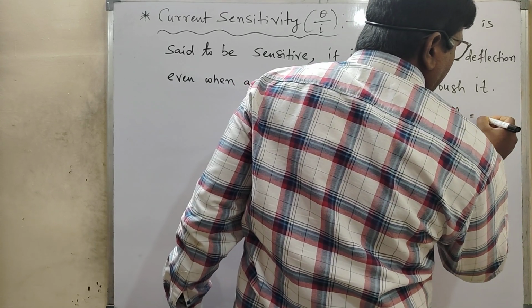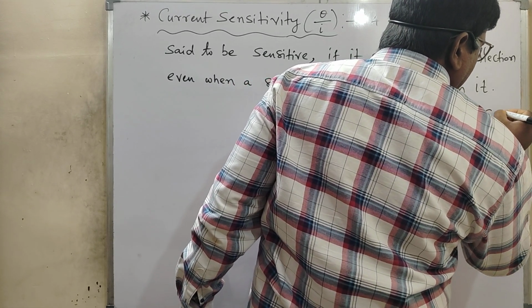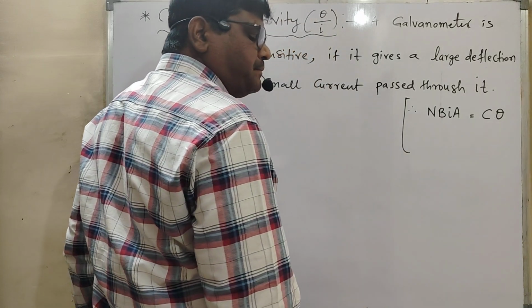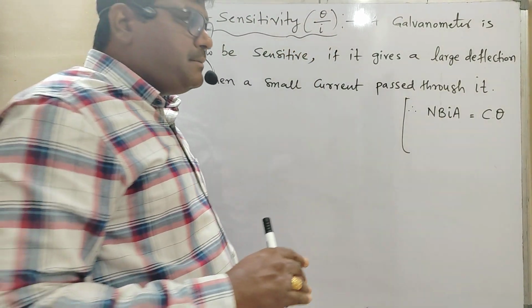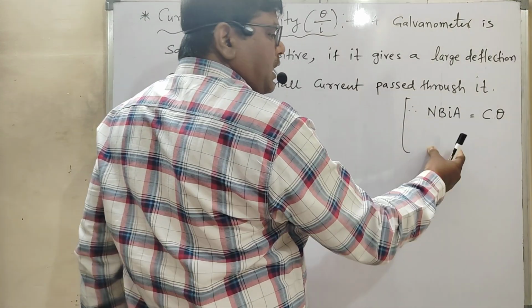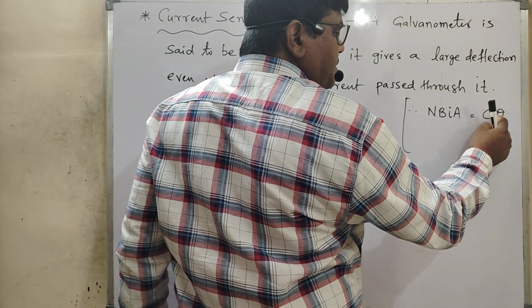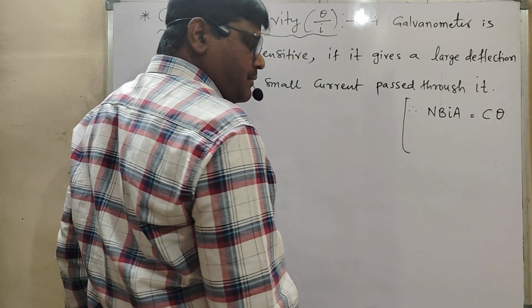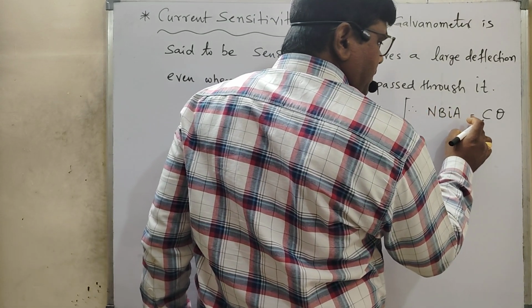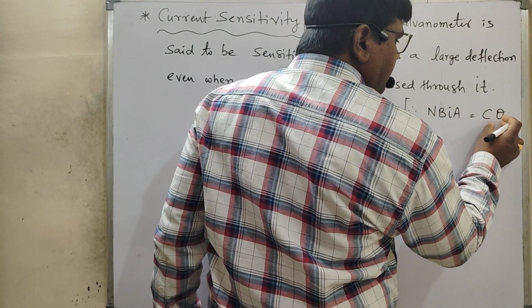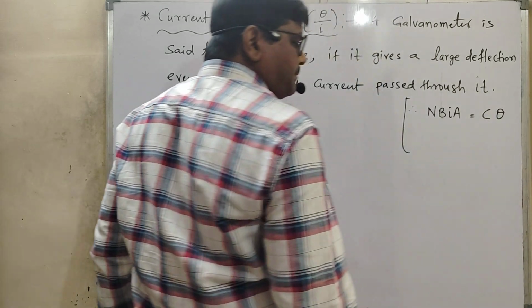This is equal to the restoring torque, C into theta. We will discuss this in the galvanometer topic. Deflecting torque is equal to restoring torque: NBIA is equal to C theta.